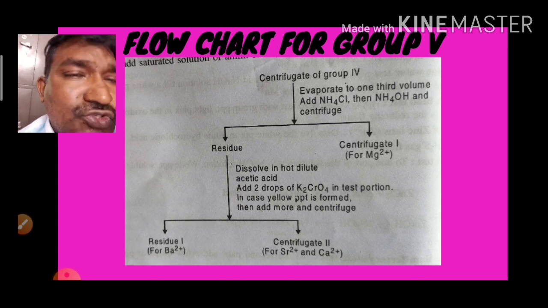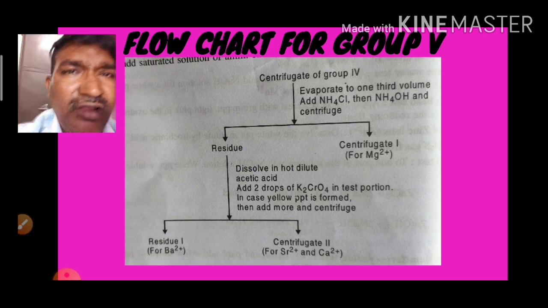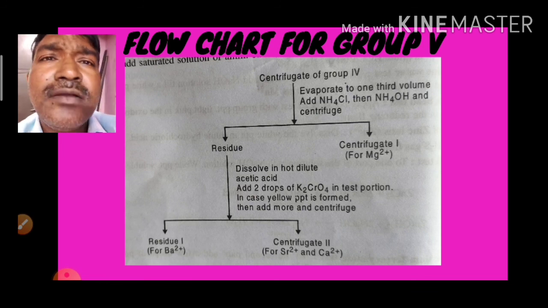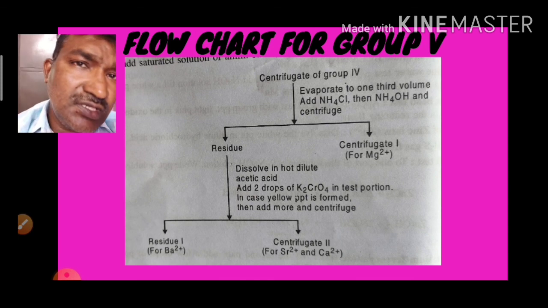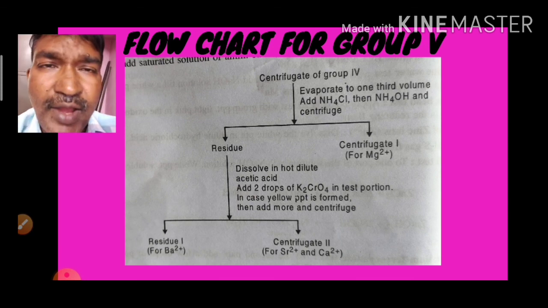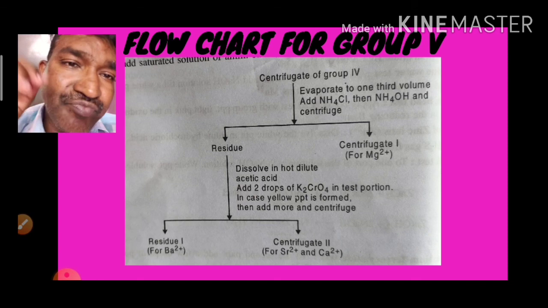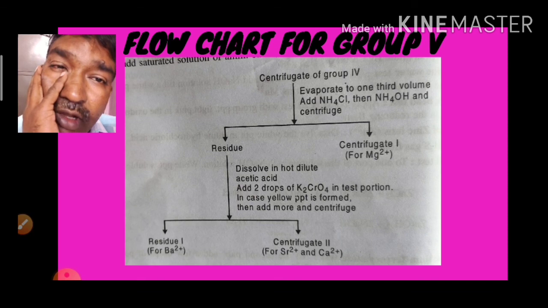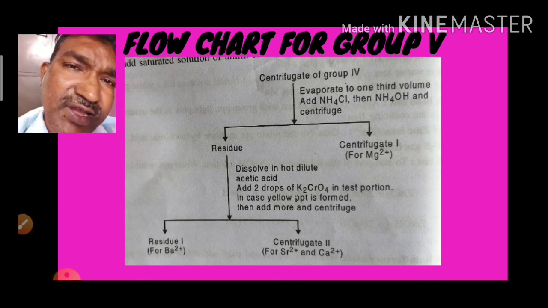If we get white precipitate, we have to think that the given salt mixture contains fifth group cations. Otherwise we have to move on to the analysis of the sixth group cations, that means magnesium, ammonium and other group cations.